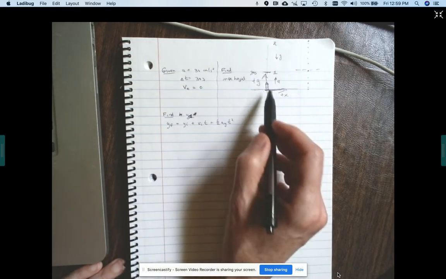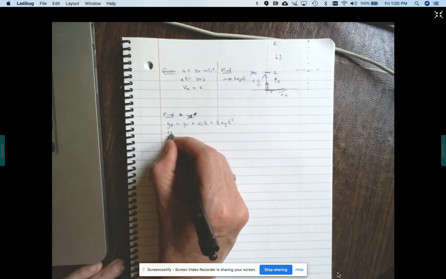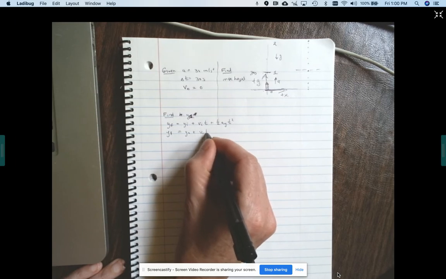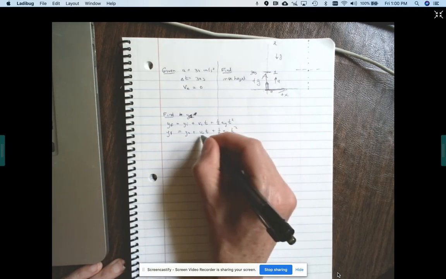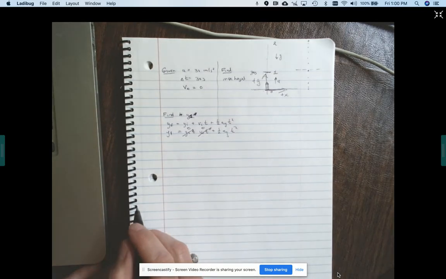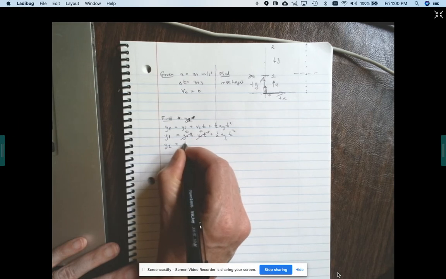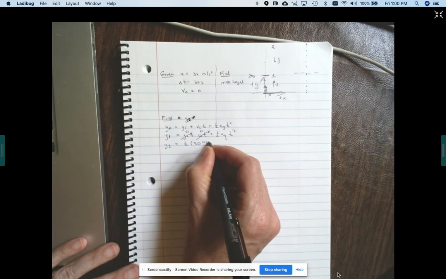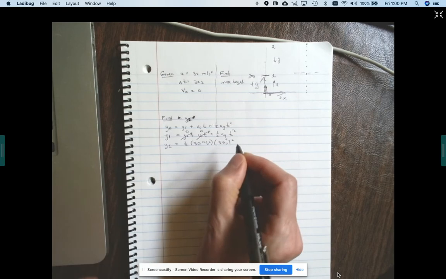Relating this to my points, my final here is y1, my initial is y0, then v0 t, and then 1/2 a_y t squared. My initial velocity at this part is 0, my initial height is 0, so we cross those out. Now if I want to know my height at point 1, it's just 1/2 my acceleration, 30 meters per second squared, times my time squared, 30 seconds squared.